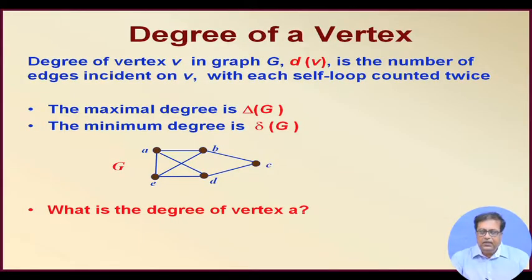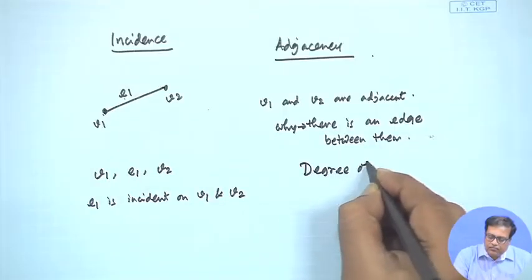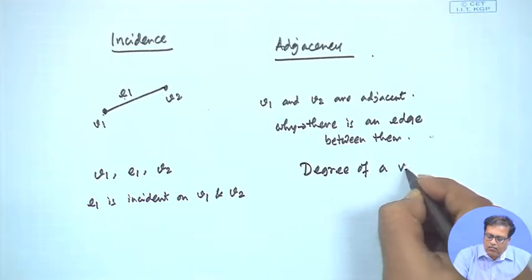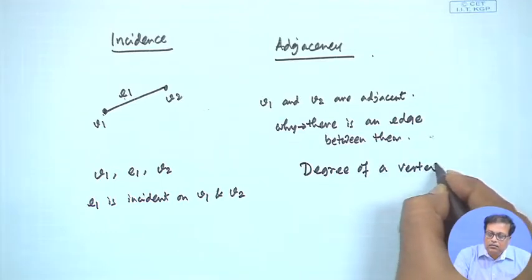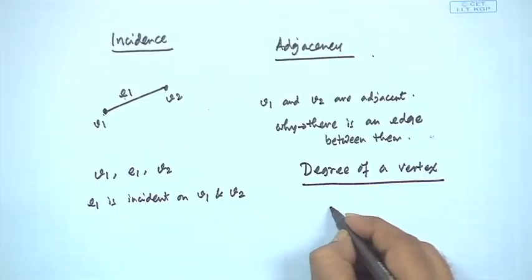Then comes a very important concept, that is the degree of a vertex. Degree of a vertex, right. So, you see, suppose we have a graph, let us say this is a graph.